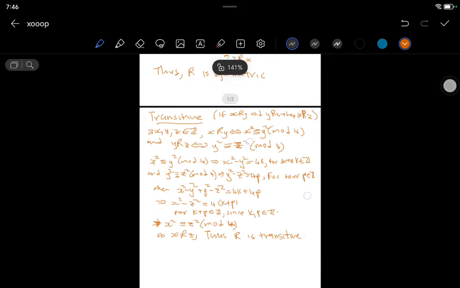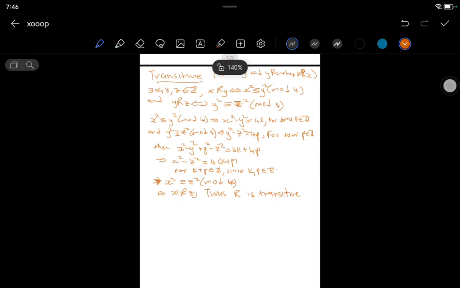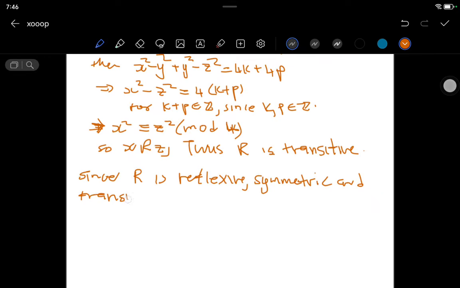Now, since we have proven that R is reflexive, symmetric, and transitive, it means that we can deduce that R is an equivalence relation. So for our conclusion, we say that since R is reflexive, symmetric, and transitive, it means that R is an equivalence relation.